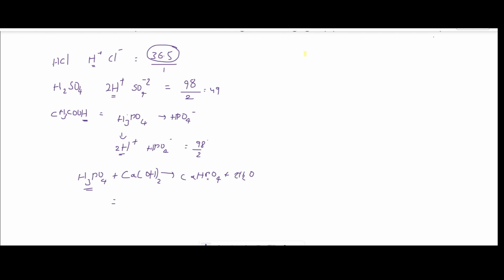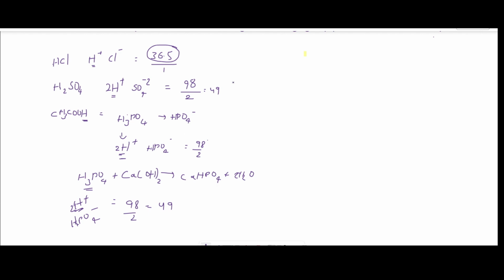How is it dissociated? In this way it is dissociated: you have 2H plus and HPO4 minus, right? So you have two replaceable H plus ions again. So that will be 98 by 2. You will get 49. Okay, this is for acid.